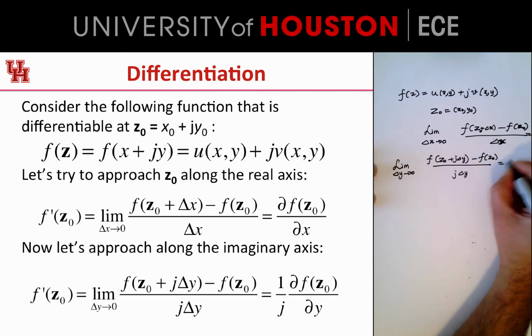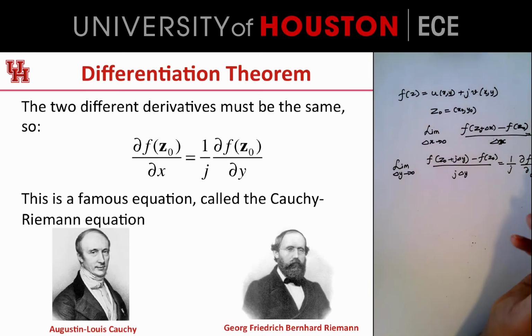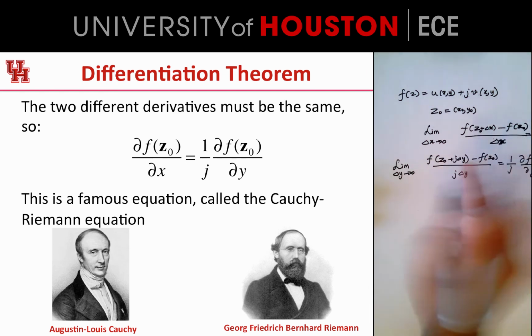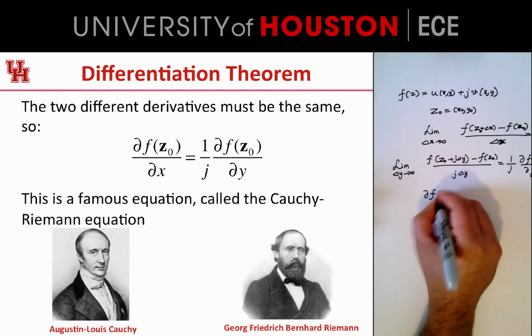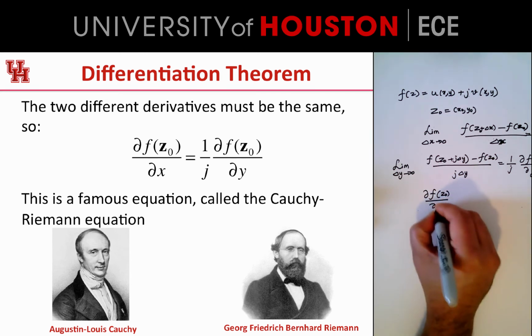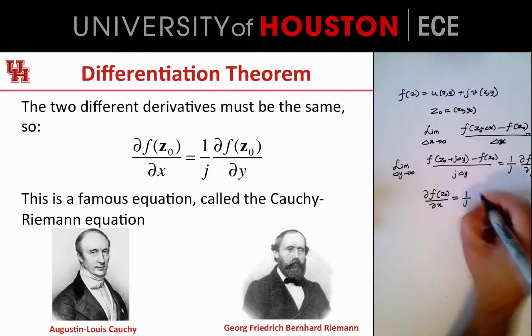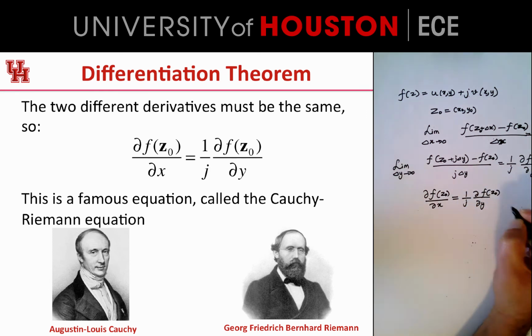This is 1 over j times the partial derivative of f with respect to y at the point z naught. If the function is differentiable, that means these two paths should not make any difference. You agree? So these two derivatives must be the same. The partial derivative at z naught with respect to x should be the same as 1 over j times the partial derivative of f with respect to y at z naught.